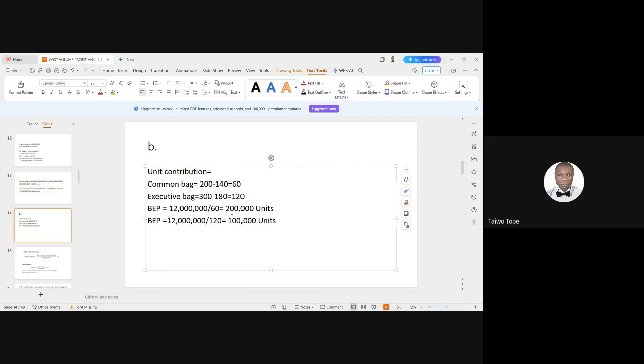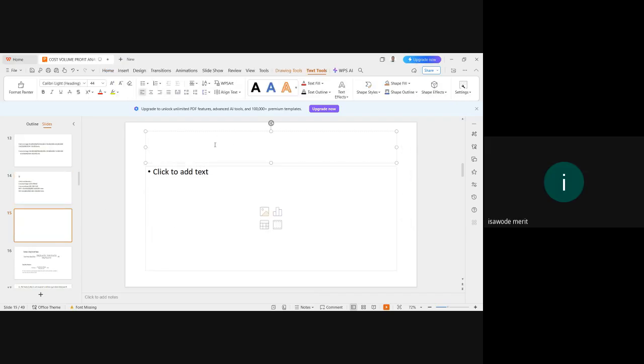So now let's calculate the budgeted operating profit and break-even points if 200,000 units are sold. So let's show what to do here. So budgeted operating profit.